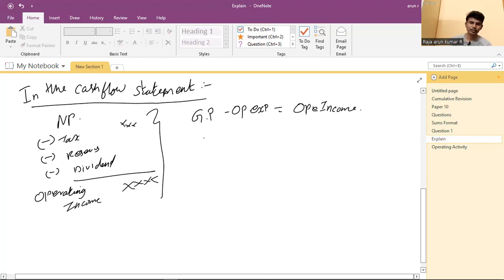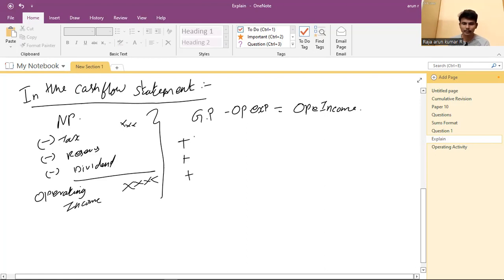Like that we do in the P&L account. We reverse all the items to find the exact operating income. If we less the taxes, we add the taxes; we less the reserves, we add the reserves; we less the dividend, we add the dividend.